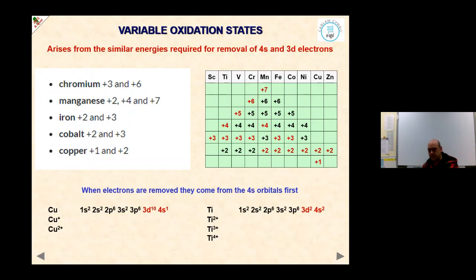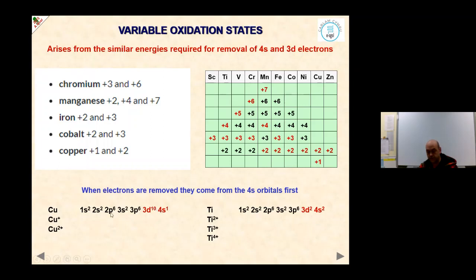So I'm going to talk to you now about why I write my orbitals the way I do, why I don't put the 4s before the 3d, so why the 4s is coming after. The reason for that is it's for when you're forming your transition metal ions. What you should know is that although the electron goes into the 4s before the 3d, suggesting the 4s is lower in energy, we take the electron from the 4s orbital.